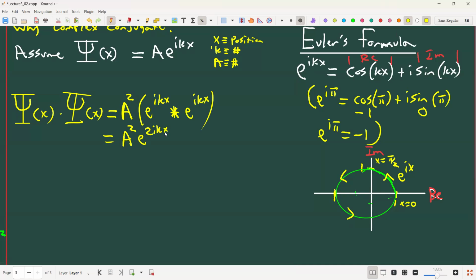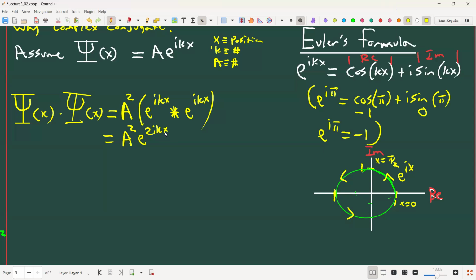So when we square this function, we still have this complex behavior. We just made it go twice as fast. It's twice the frequency now. Instead of going like this, it's now going like this.